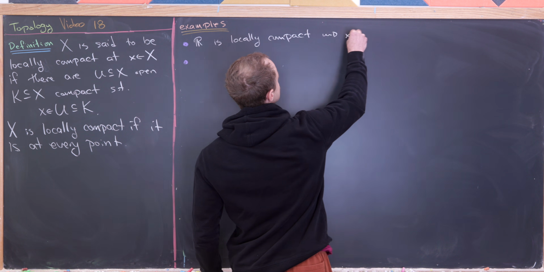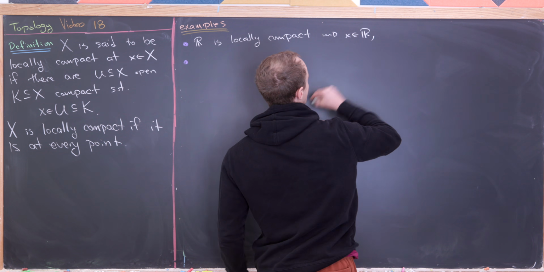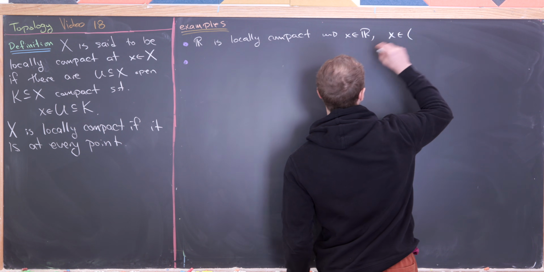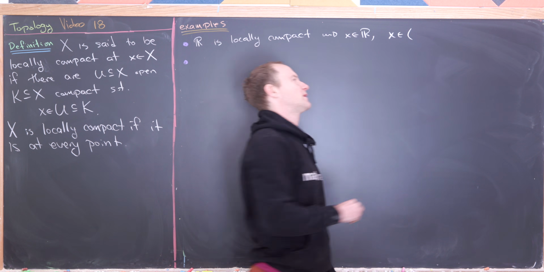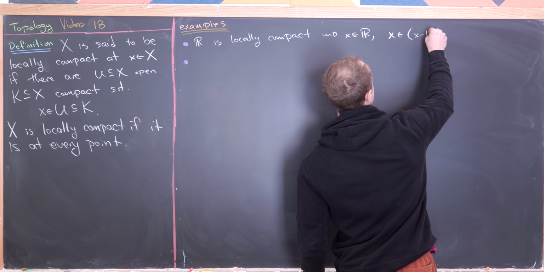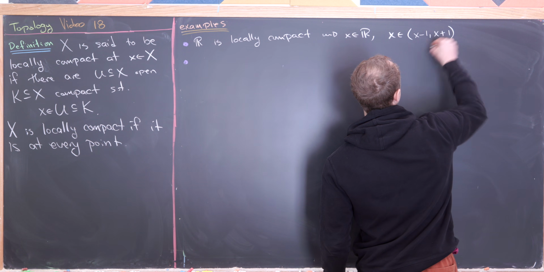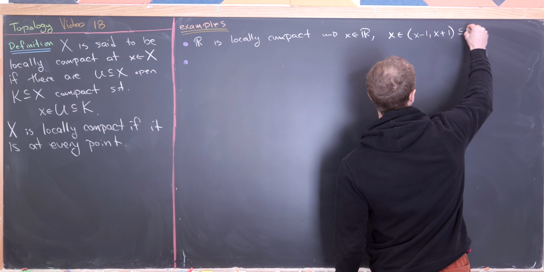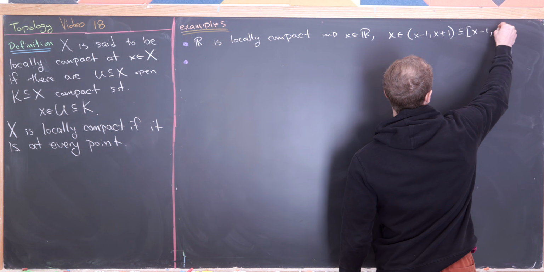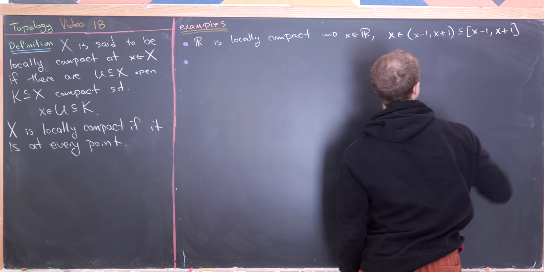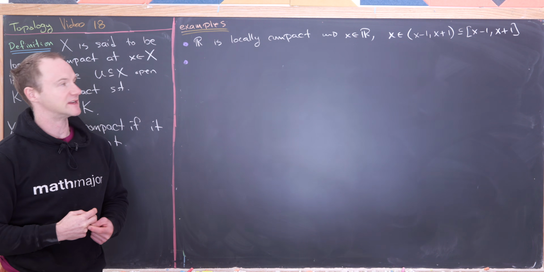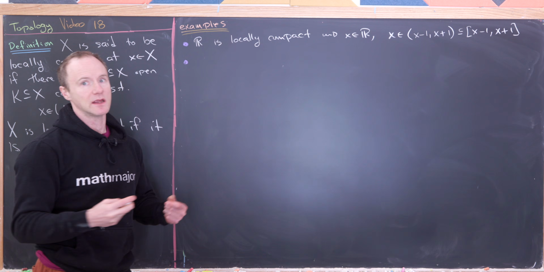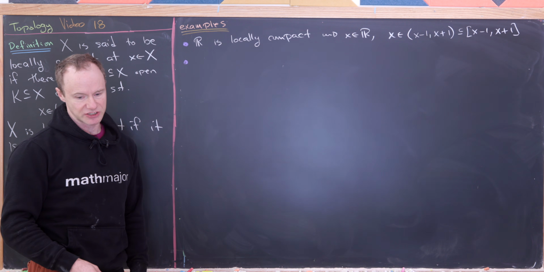Well, if we take an x in R, then x is an element of a bunch of different open intervals, but we might as well take a simple one like (x minus 1, x plus 1). That's an open set, and that open set is a subset of the closed interval [x minus 1, x plus 1]. But of course, the closed interval is compact in R with the standard topology.